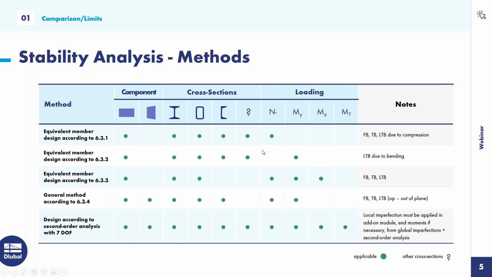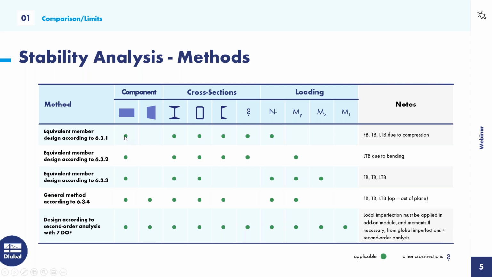That's the table. I think it's a good overview of the single methods. We go through that table here line by line. First line, equivalent member design according to 6.3.1 of the Eurocode. The name is uniform members in compression.